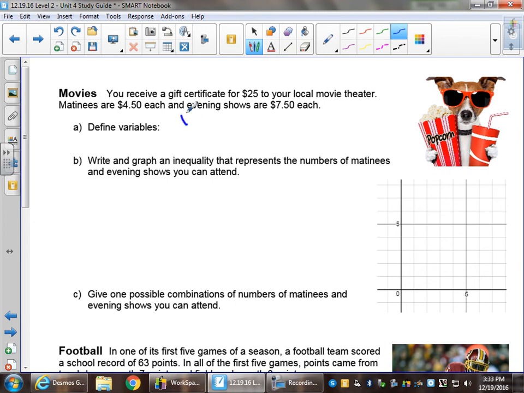Maybe I'm not sure how to define my variables. So for right now, I'll just write x equals, y equals. And then when I read B, it says write and graph an inequality that represents the number of matinees and then the number of evening shows. So read for information. It'll help.